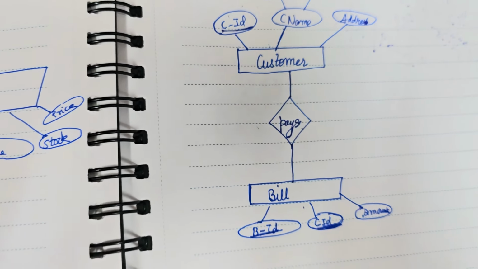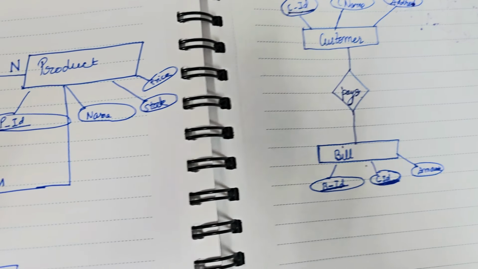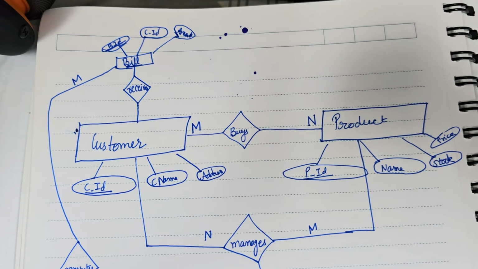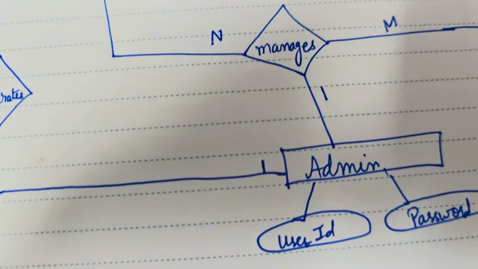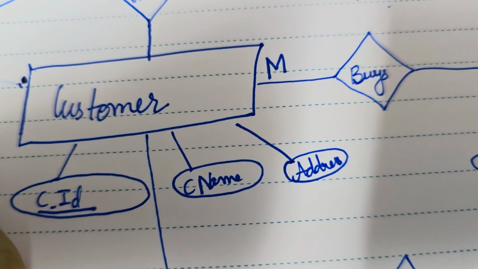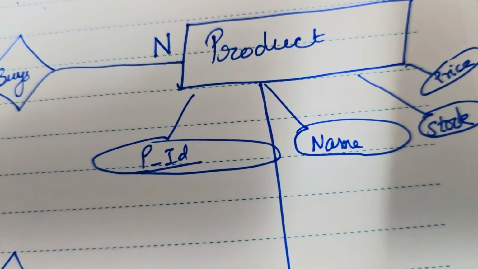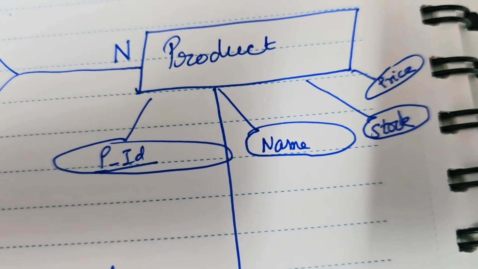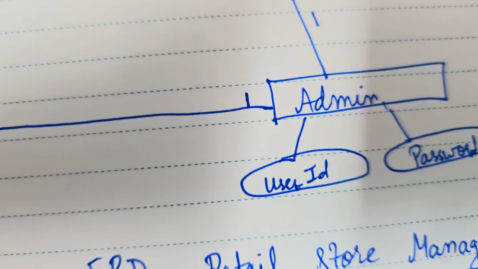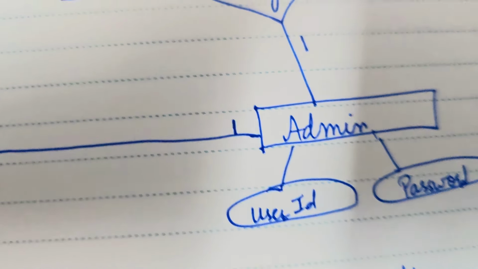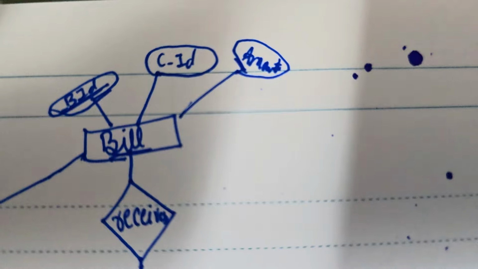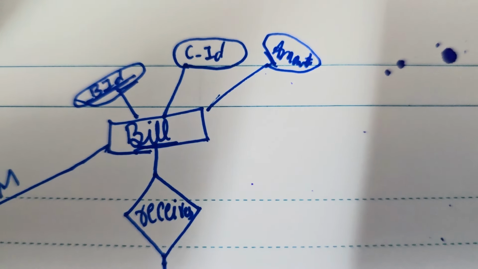I will now show you a complete diagram for this. This one is a complete diagram for the ERD and you can see here that we have one entity customer, with customer ID, customer name and address, another entity product which has product ID, product name, stock and price, then another entity admin with user ID and password, and another entity bill. Bill has bill ID, customer ID and amount.